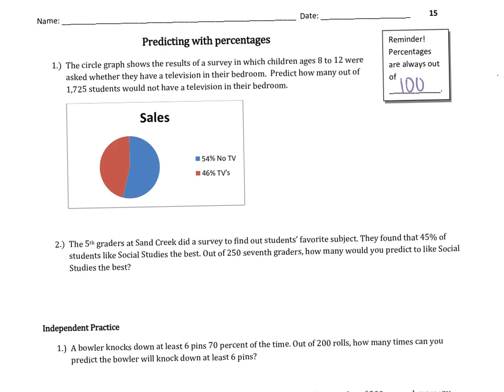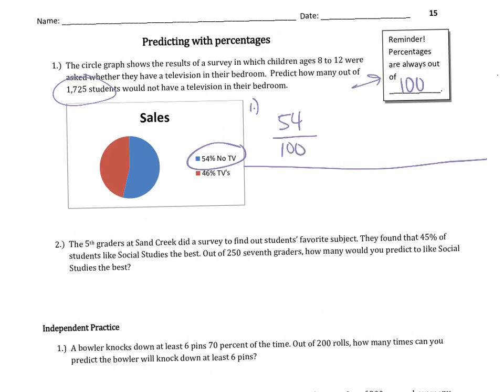So again, we're predicting how many out of this would not have a television. So no TVs. So you can also still do a proportion for this. I'll show you two ways. First way is still proportion. So 54% have no TVs, but we know that percentages are always out of 100.